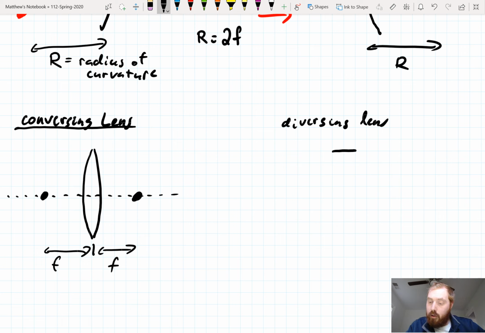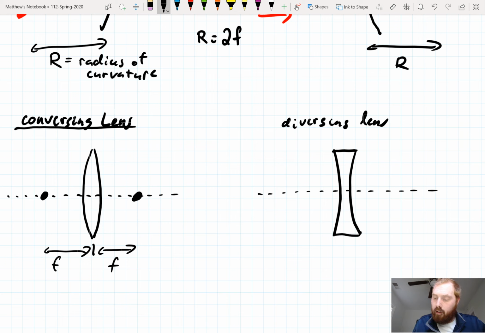This one looks like we've hollowed out a little bit. Our diverging lens caves inwards. Same thing, 2 focal lengths.